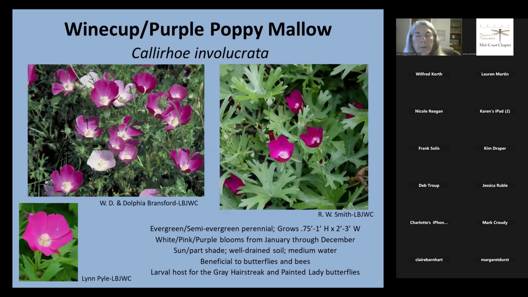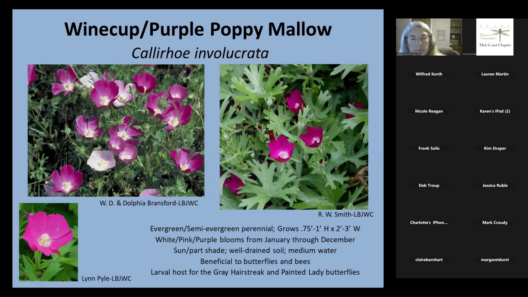The wine cup or purple poppy mallow, it's very low growing, very much a ground cover plant, unless you get the standing wine cup, which is much taller. But this one only gets about a foot high and 2 or 3 feet wide.